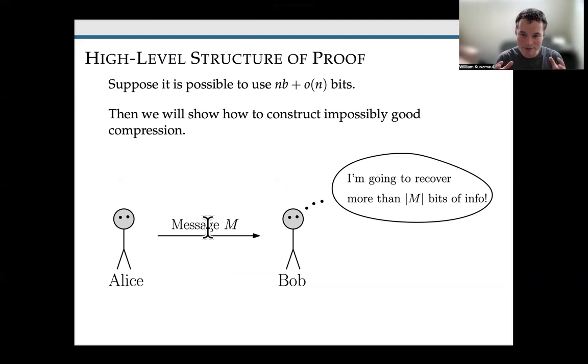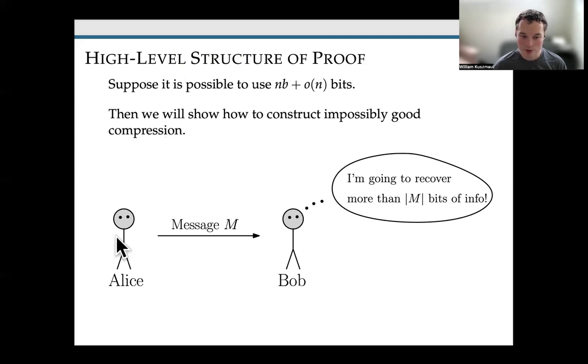Okay, so the high-level structure of the proof, what we're going to do is we're going to assume for contradiction that there is a solution using nb plus little o of n bits while supporting value dynamism. And then under this assumption, we'll show how to construct an impossibly good compression scheme.